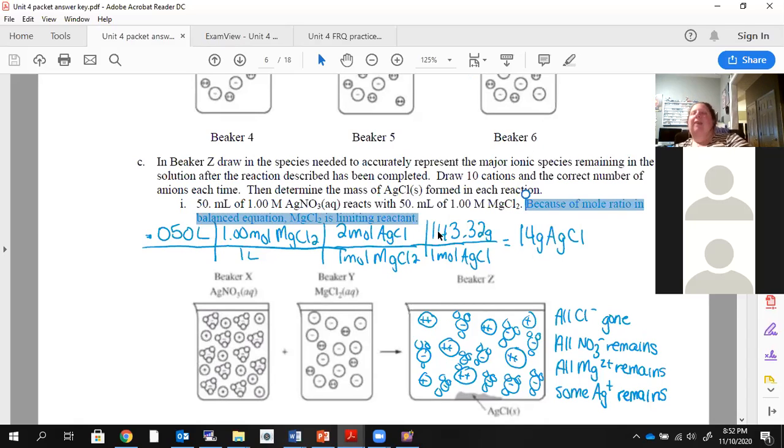I think that is a safer way, because when you do the comparison with the moles, sometimes you think something should be bigger, but actually it should be smaller, and students make mistakes with the comparisons that way. But if you do the two stoichiometries, you're guaranteed to get the right answer. Okay, thank you.